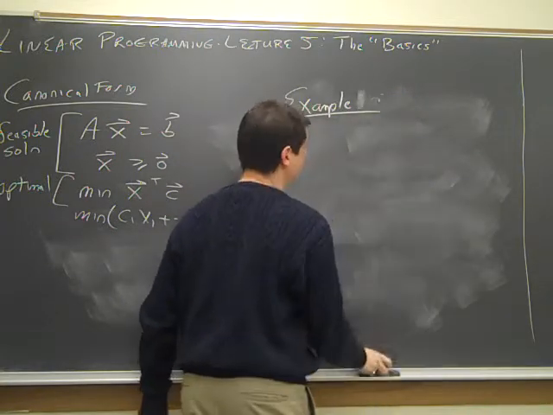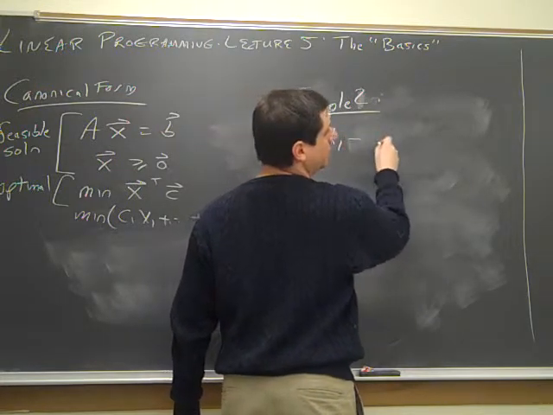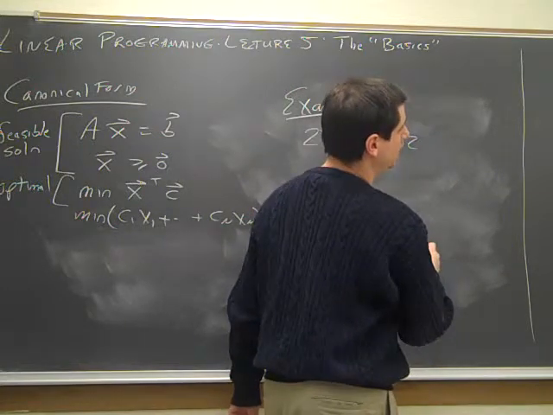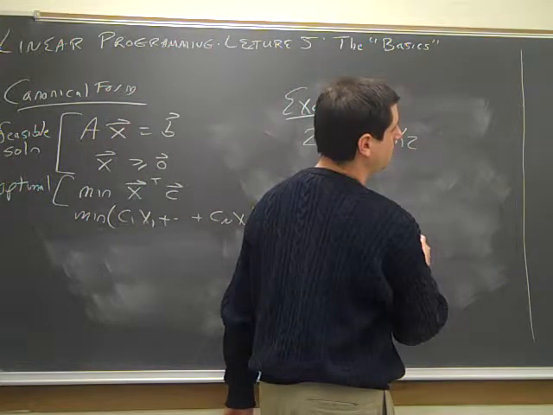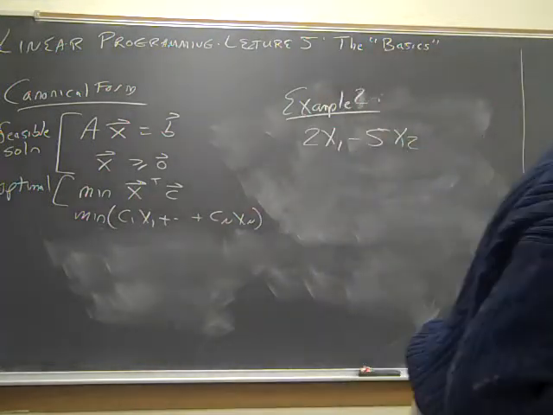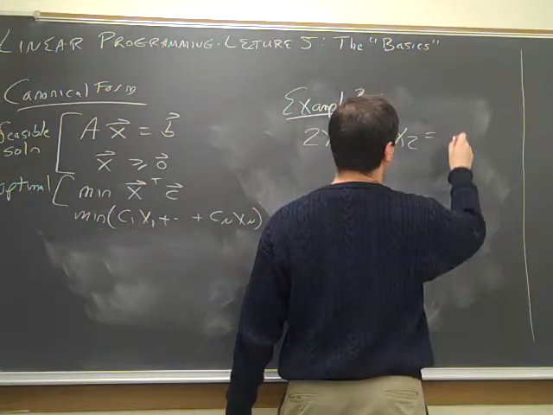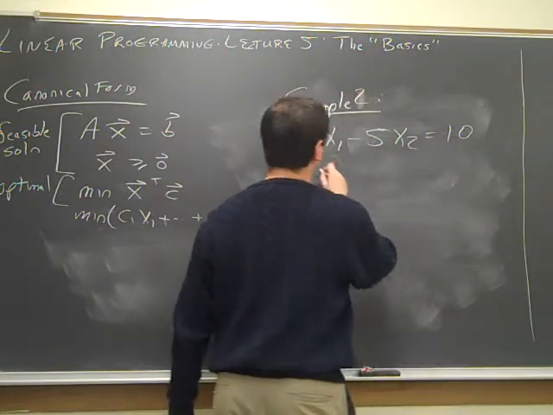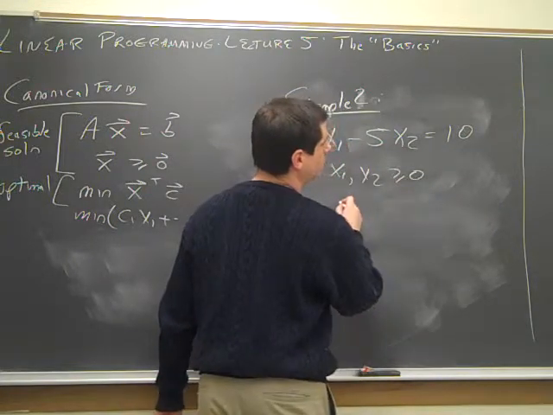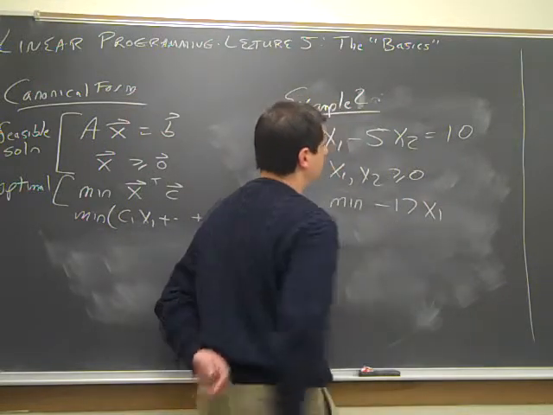Example 2. So now we're going to look at 2x1 minus 5x2. I forgot to write down what I want this to be. Oh well, let's make this equal 10. We want x1 and x2 to be greater than or equal to 0, and we want to minimize negative 17x1.